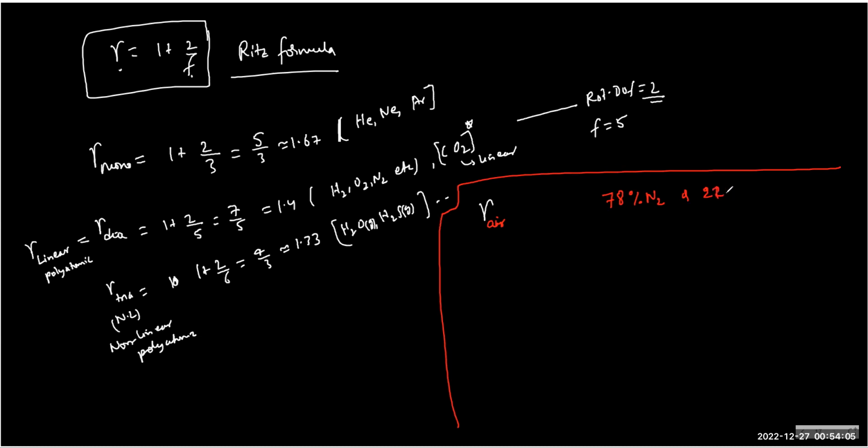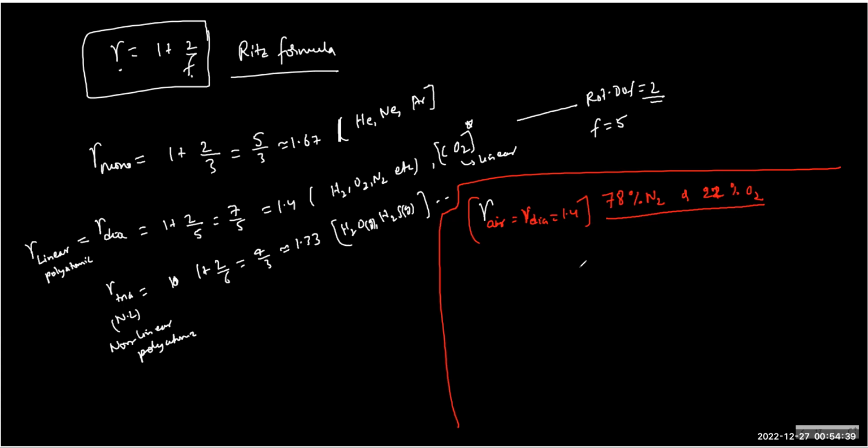So we can take roughly 78 and 22, the two major components. How to find gamma for air? Both are diatomic, so gamma of air is the same as gamma of diatomic. So the answer is 1.4. Is this clear?